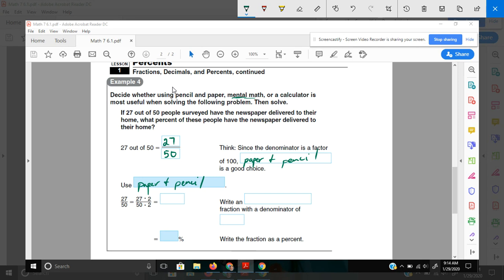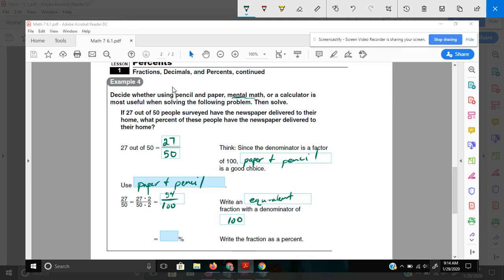So I'm thinking, okay, how can I get my denominator to 100? Well, just multiply it by 2. So if I multiply my denominator by 2, multiplying my numerator by 2, 27 times 2 would give me 54. So I'll write an equivalent fraction with the denominator of 100 is what I did.